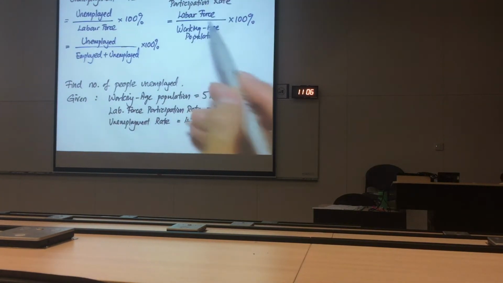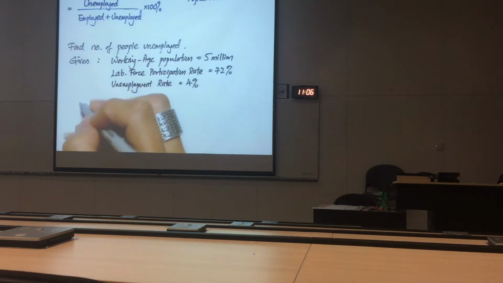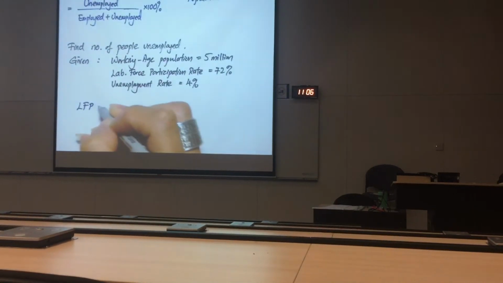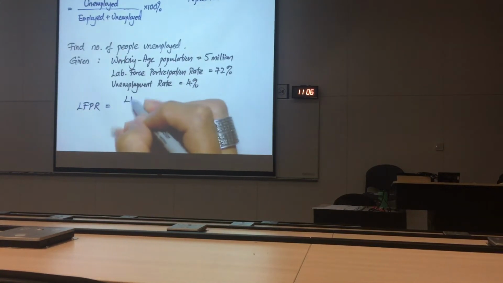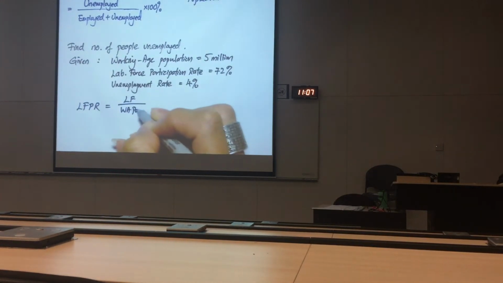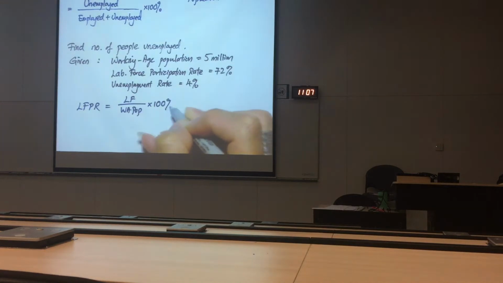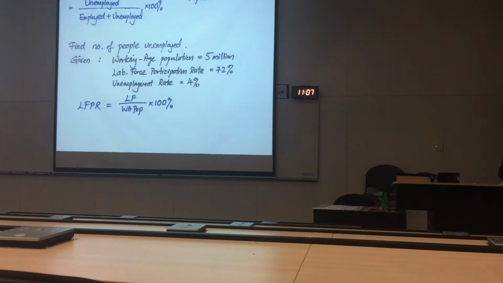So using this formula here, okay, so in short form, the labor force participation rate is your labor force divided by the working age population. So slot the 72% inside. You have got LF, which we don't know. This is 5 million. Times 100%.